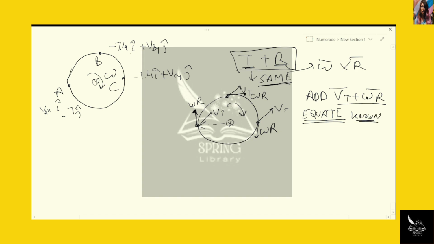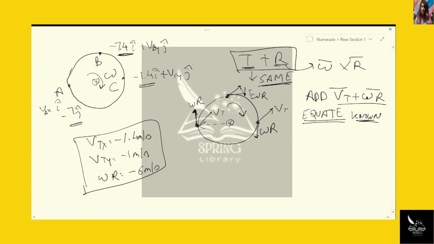So we equated Vbx, Vcx, and Vay, and we solved these to figure out Vtx was minus 1.4 meters per second, Vty was minus 1 meter per second, and omega r was minus 6 meters per second. So we know these quantities. So now let us solve this problem.